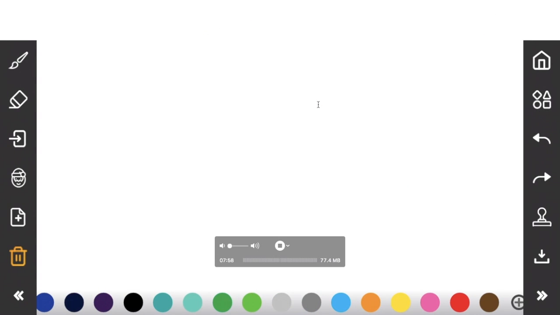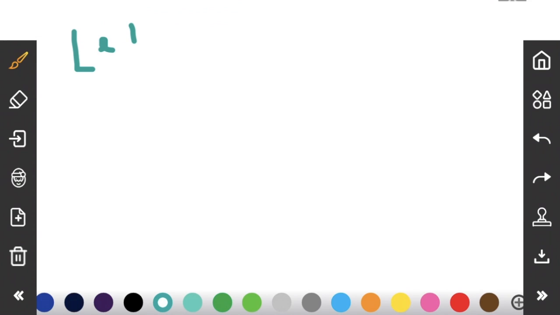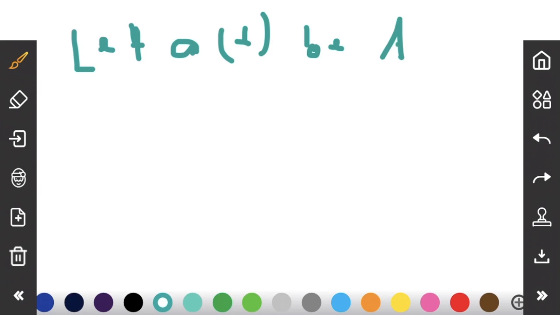Okay, so let's first figure out this integral. We'll let A of t be the position of train A at some time.